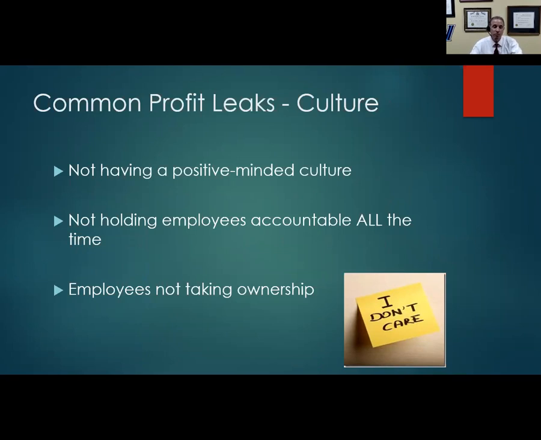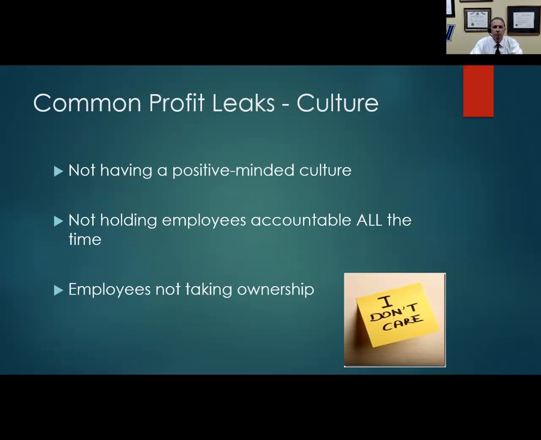I have to tell him constantly, probably feels like every 10 minutes. Well, employees maybe are not that bad, some might be, but you need to constantly repeat things. So that's where the accountability has to be constant. There's someone who has to be a champion of that, and it can't just be the owner.